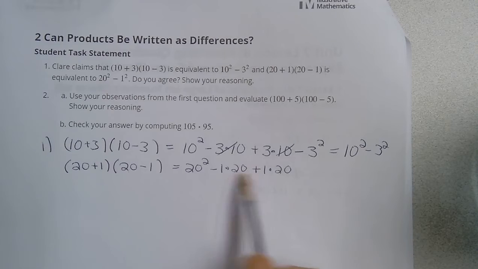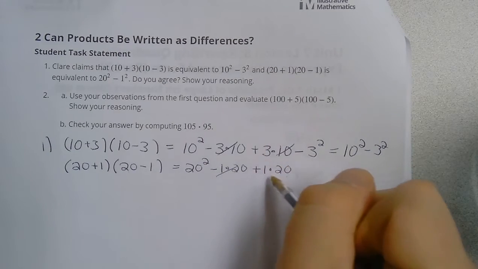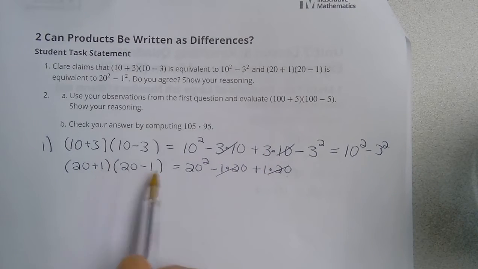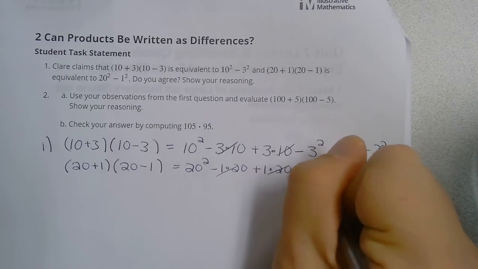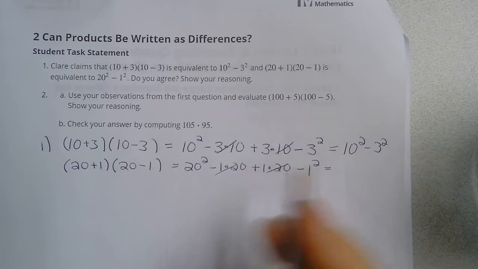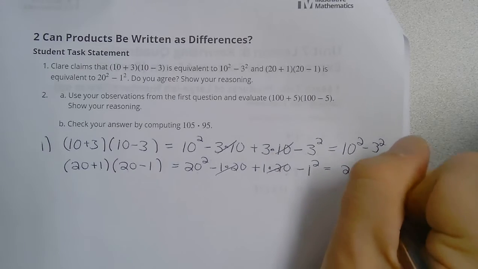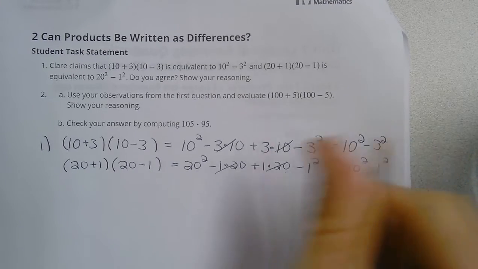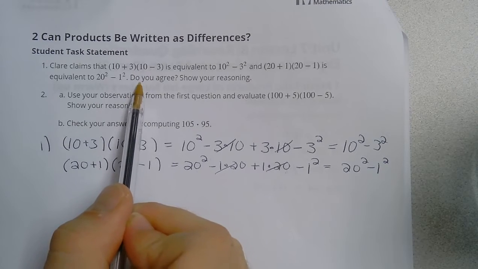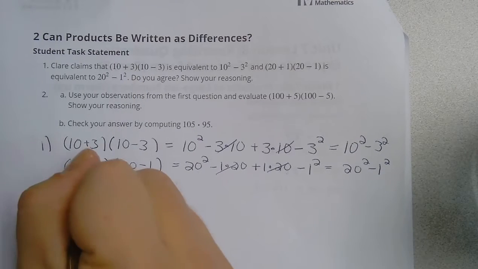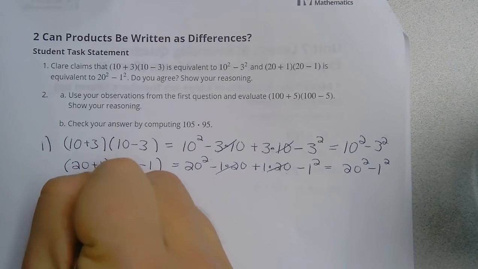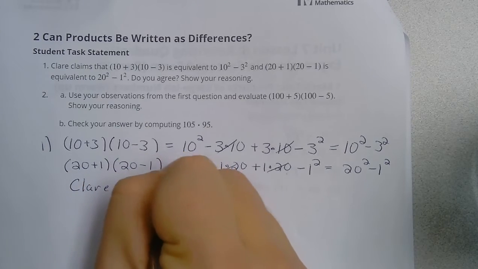I notice that these are opposites, so I'm going to cancel them out. And then positive 1 times negative 1 would be minus 1 squared. So 20 squared minus 1 squared. And it looks like we would agree with Claire, and here's our reason. So we can write down Claire is correct.